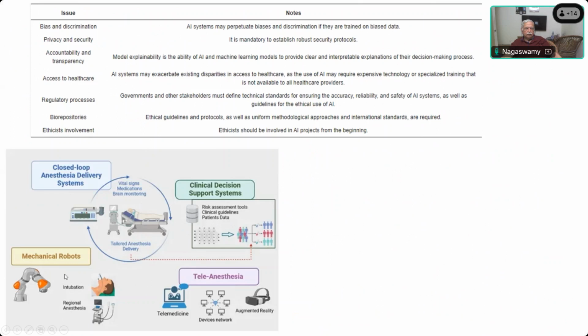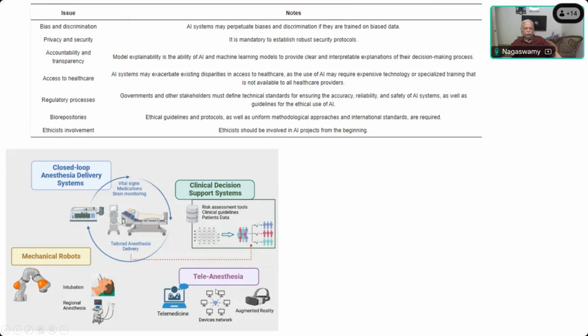And mechanical robots are also used for intubation and regional anesthesia. And you can even do tele-anesthesia. That is, one anesthetist may be able to monitor patients in 3-4 OTs at the same time.